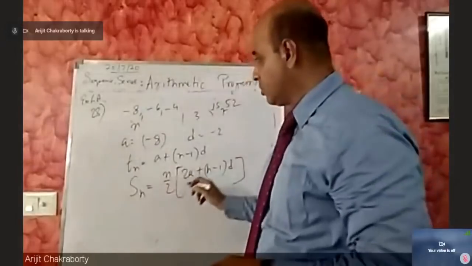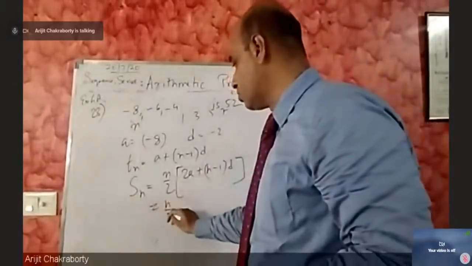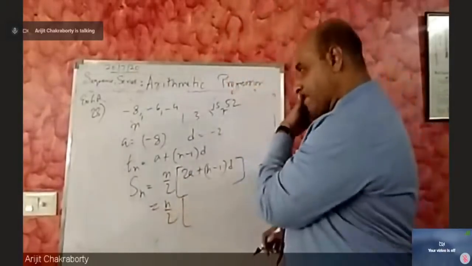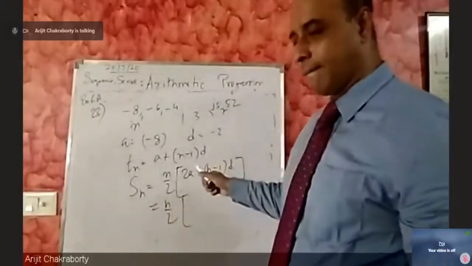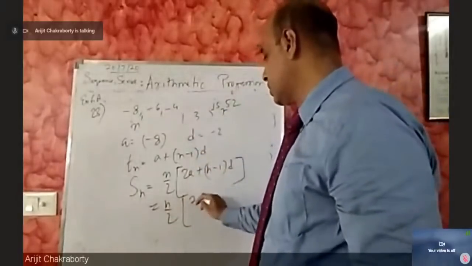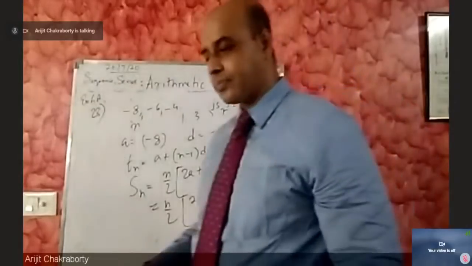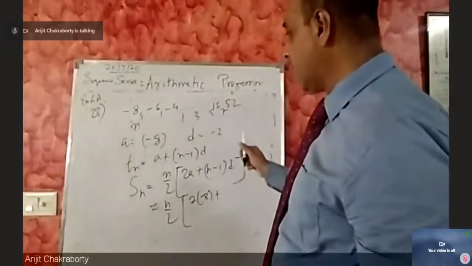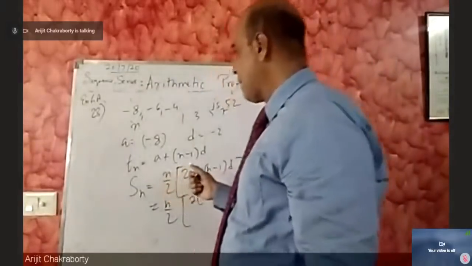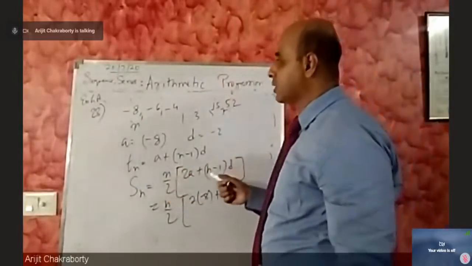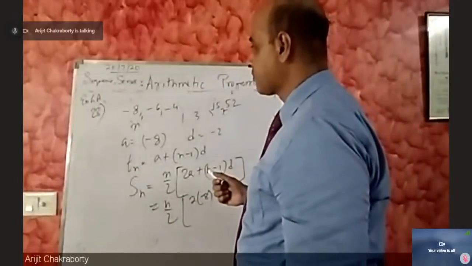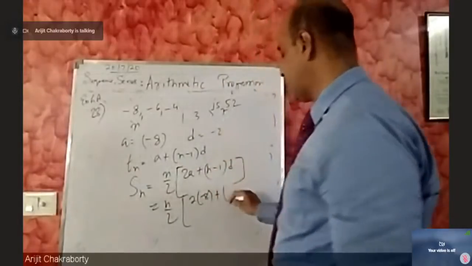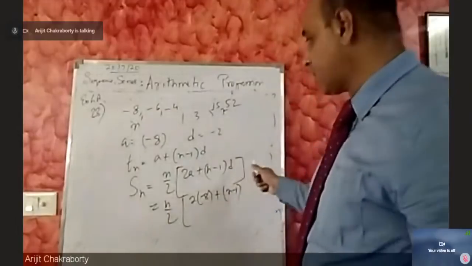N by 2, n we don't know, so n by 2 into 2a. What is a here? A is minus 8, so 2 into minus 8, plus n minus 1 into d.